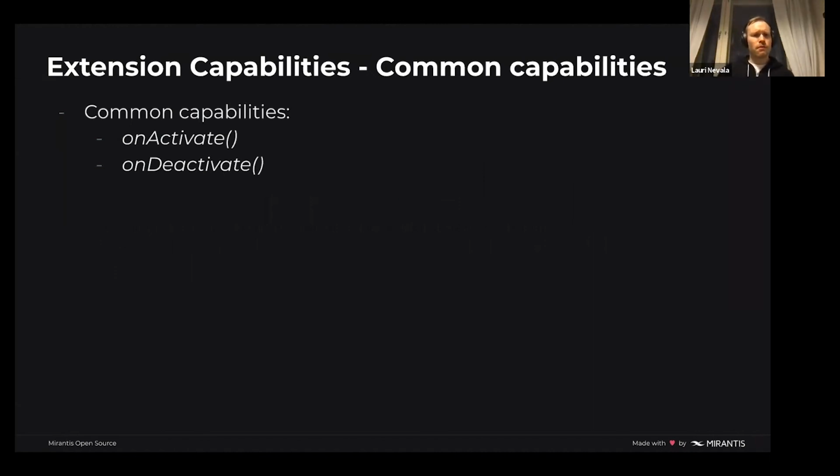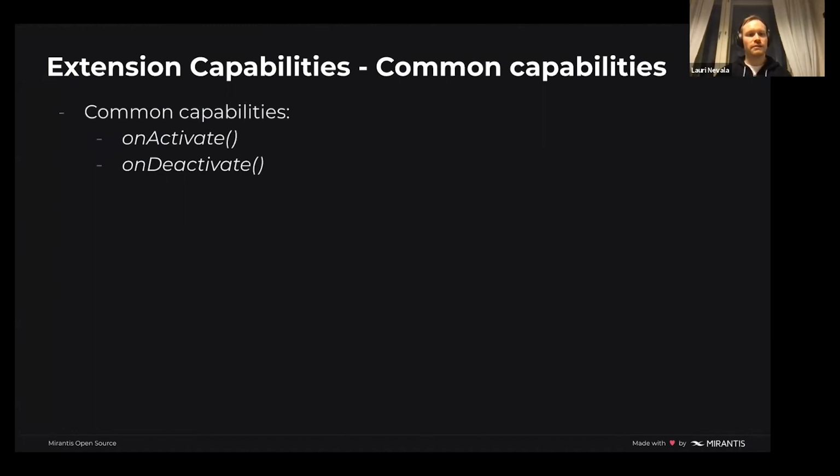And both of those base classes have onActivate and onDeactivate methods. The onActivate method is called when the extension is loaded, and you can initialize your stuff there, like classes or variables, or whatever you need.